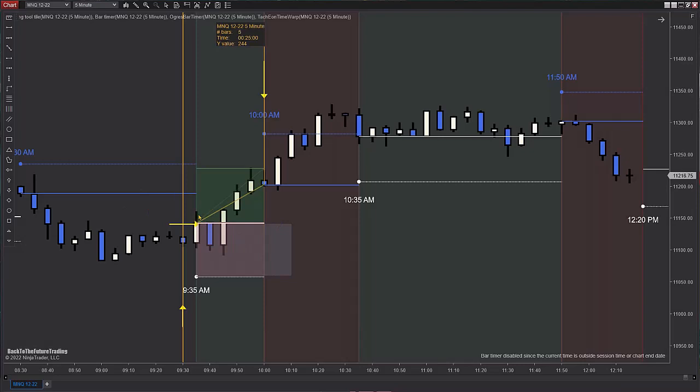And it must be including the signal candle itself. Yes, it does. Otherwise, there's no way that would be the average. 1, 2, 3, 4, 5, 6, 7. So to here, I'm actually surprised it's that. Oh, because it's 1.5. Yes, 1.5. That makes sense. Okay, so there's the stop.